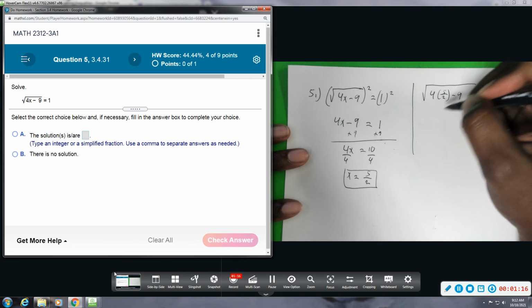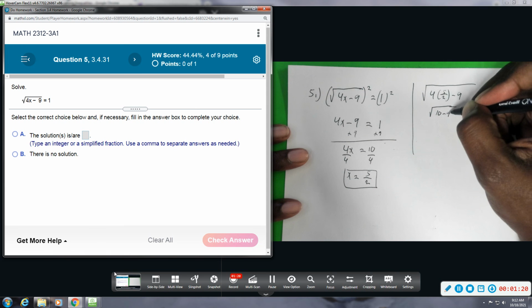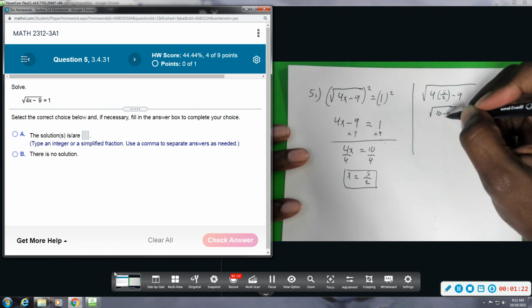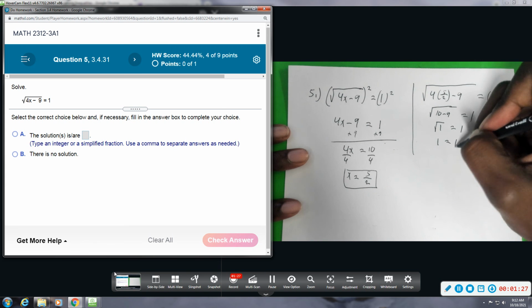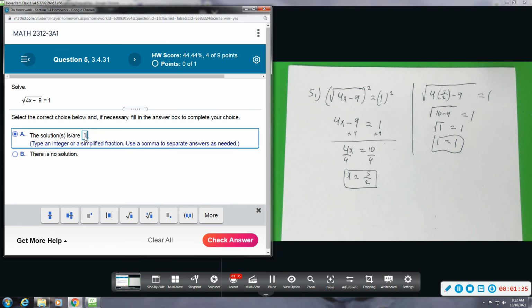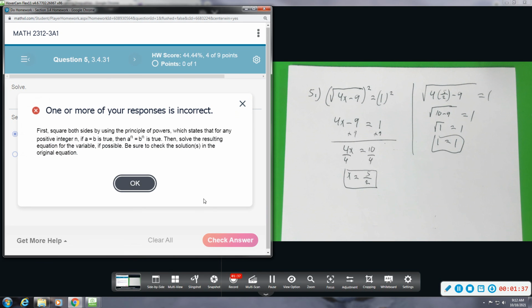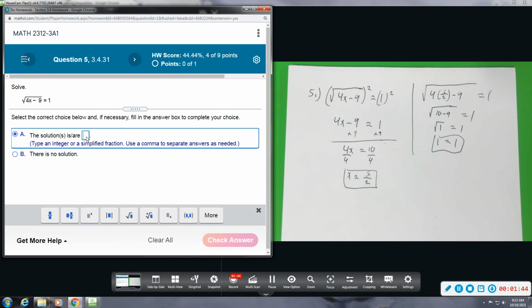It's going to be 10 minus 9, which just gives me 1. The square root of 1 is 1. So this checks out. Oh, I'm sorry, the answer is not 1. The answer is 5 over 2.